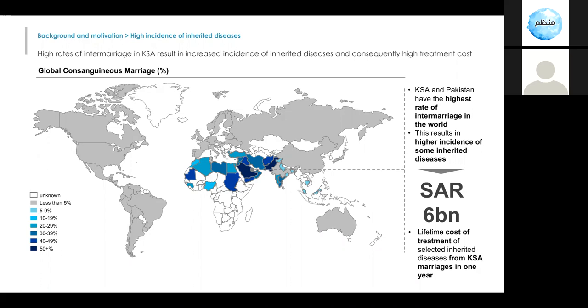It's obvious everywhere. Saudi Arabia and Pakistan are the only two countries that have high intermarriage. And because of that, we spend 6 billion Saudi riyals annually to treat diseases that could be prevented with AI.